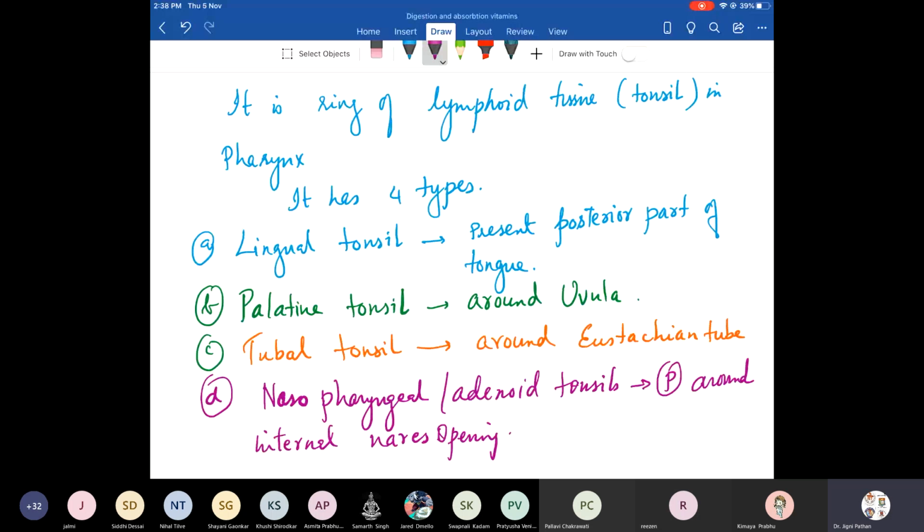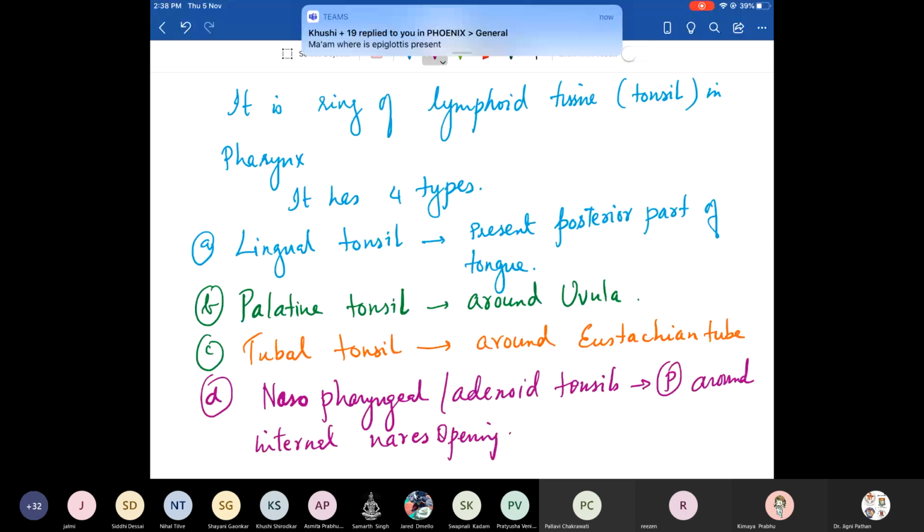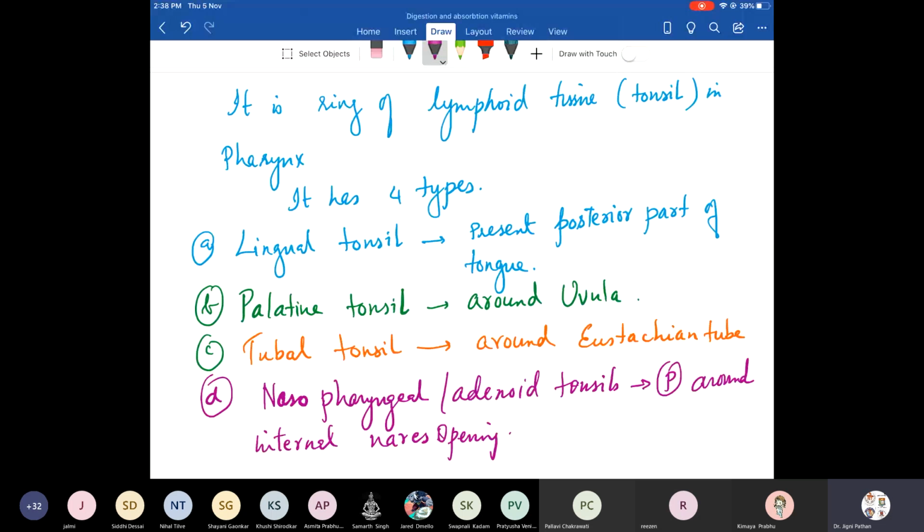Is it clear? Yes, Khushi, I will tell you about the epiglottis.